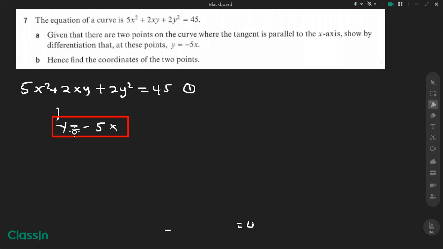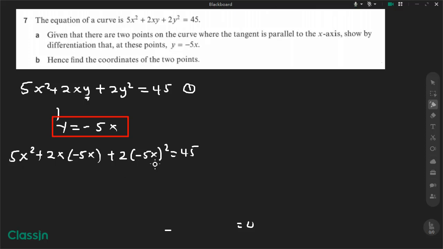So if we substitute y equals negative 5x, we get 5x squared plus 2x, wherever we see y, we substitute negative 5x, plus 2, whenever we see y, we substitute negative 5x. And this equals 45. So we can simplify and solve for x. So this is 5x squared.